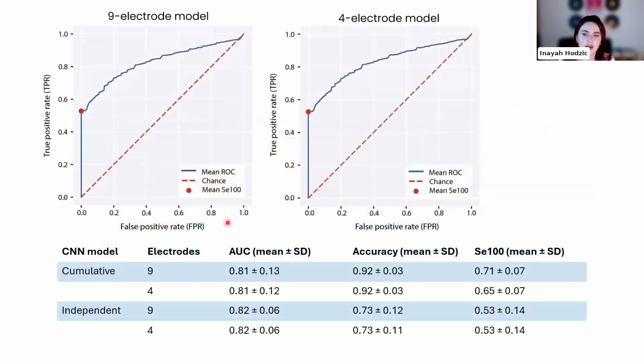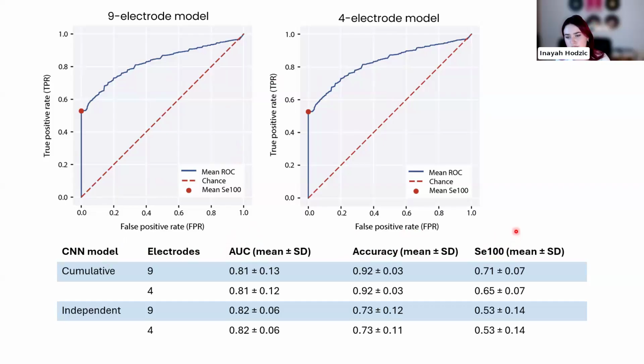So to get into the actual results of our models, we have here an ROC curve of a 9 electrode model and the 4 electrode model, so pretty standard. And interestingly, if we look at the table below at our 3 performance metrics, which are the AUC, the area under the operating curve, the accuracy, and a metric which we abbreviated as SE100.